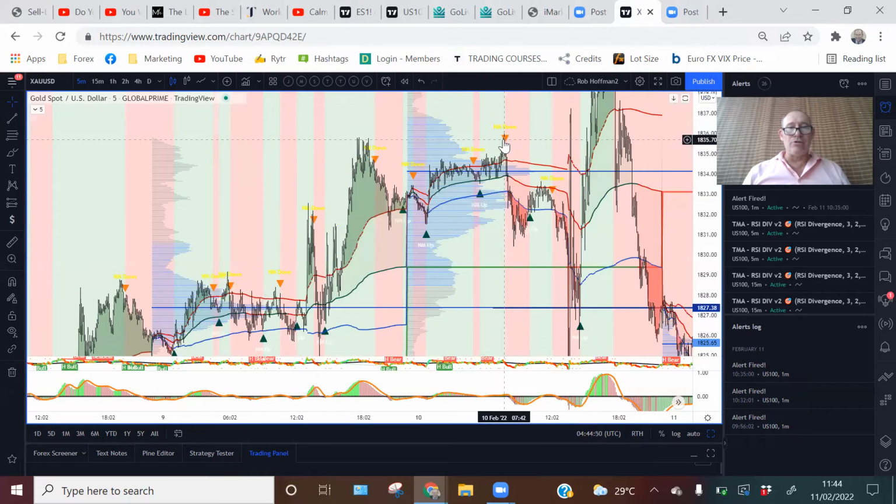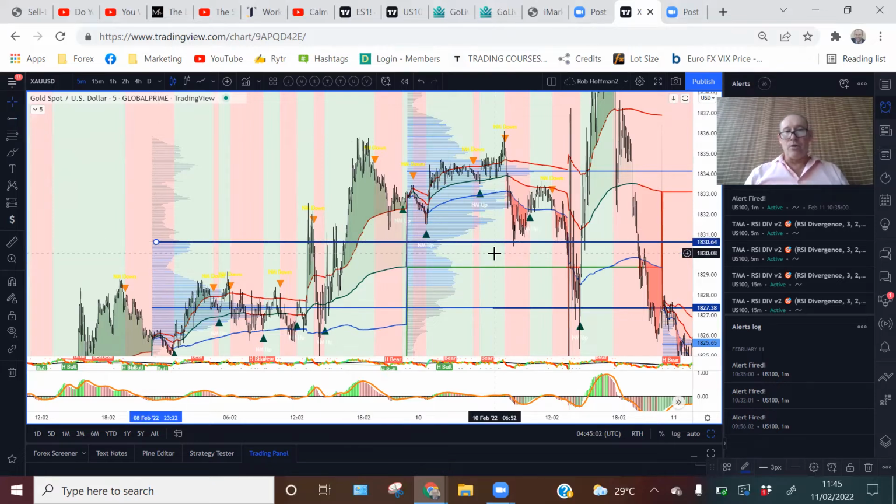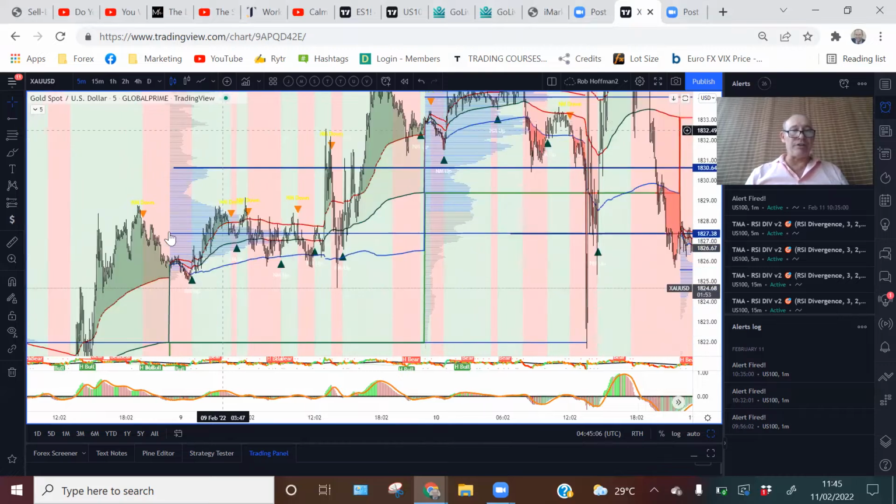During the live I was on, it came down and hit this area here, and I was asked, what do I think? At that point in time, ladies and gentlemen, price was at the value area high. Why is it the value area high? Because the value area for this trade setup is where 70% is in this area. That's the value area high.